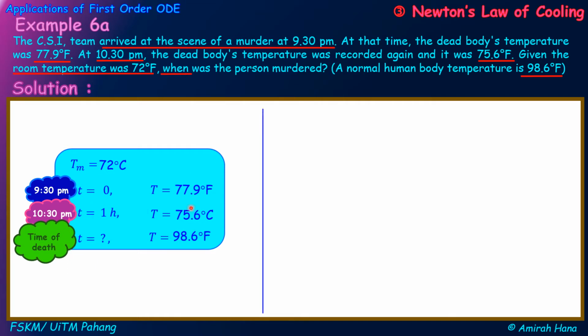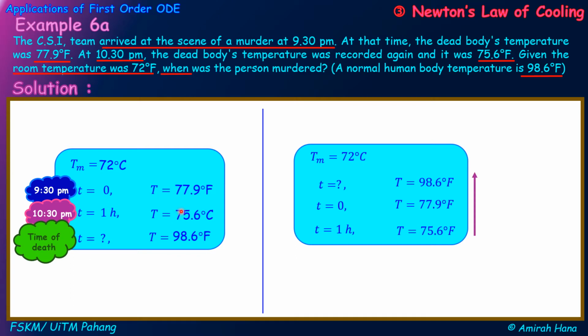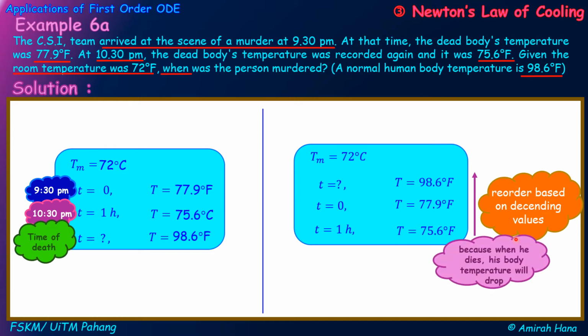From the time and temperature here, we reorder based on descending values, because when he dies, his temperature will drop. So we reorder based on descending temperature values. t equals 0 at 9:30 p.m., at 10:30 p.m. we write 1 hour, and then time equals question mark means time of death.